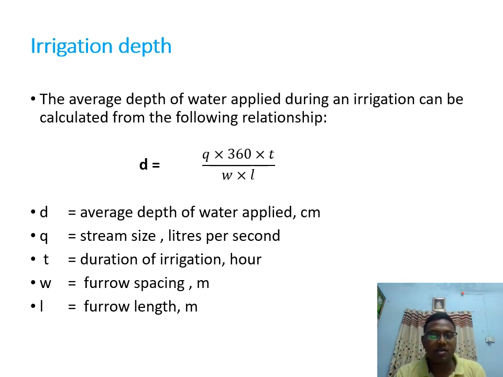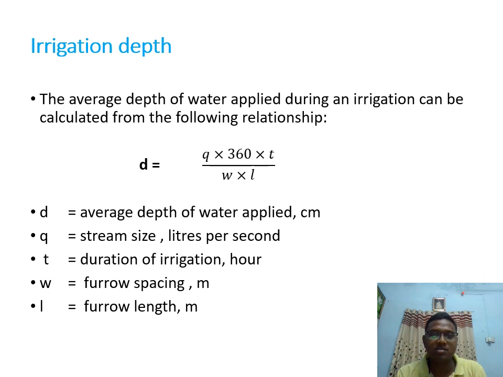W is the furrow spacing in meter, and L is the length of the furrow, also in meter. 360 is the conversion factor so that we get the depth of irrigation in centimeter.